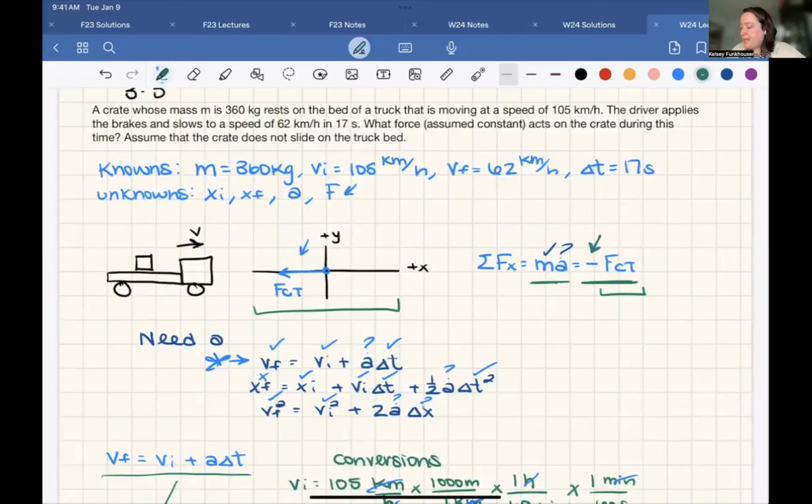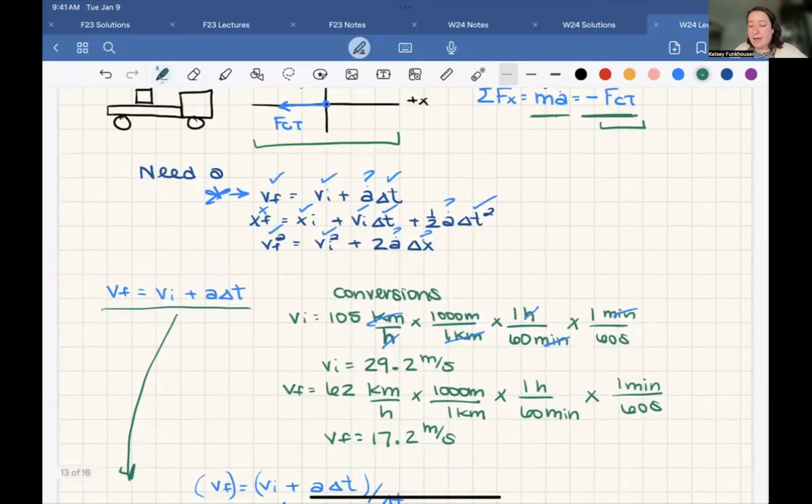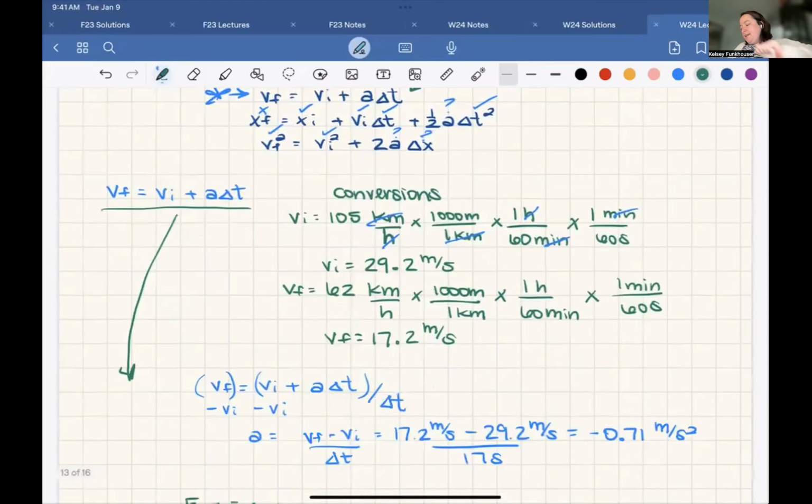Then we also looked at this, and the problem asks for the force, but we don't have the acceleration, so we have to find that. So then we looked at our kinematics equations for how we should find the acceleration, and we saw that this first equation had only one thing we didn't know, which was acceleration. So before we used that equation, though, we had to do our conversions because they gave us our velocity in ugly units. And well, they're not that ugly, I guess. It's not like it's miles or something. Anyway, so we did those conversions.